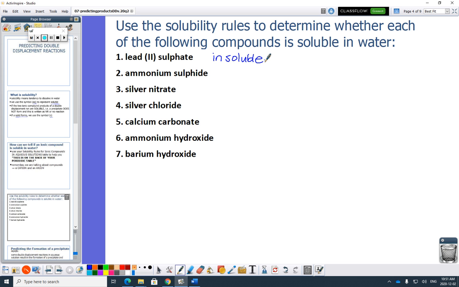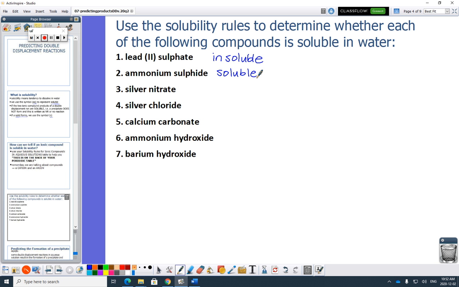But then if you go to 10, so you check sulfide plus alkali ions, alkali earth ions, or, oh, there it is, ammonium is soluble. So sulfide is sort of unique. It lists the soluble ones first because it's also a very insoluble ion.